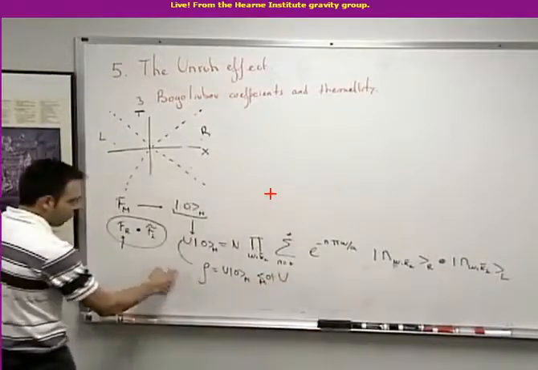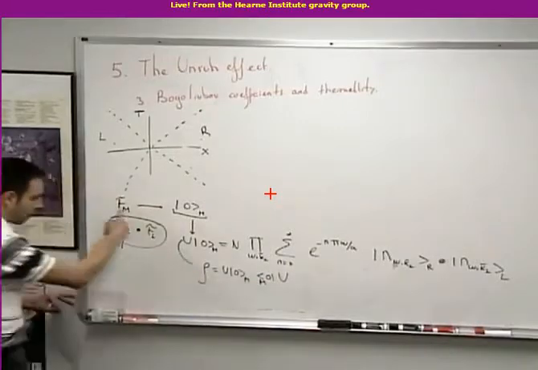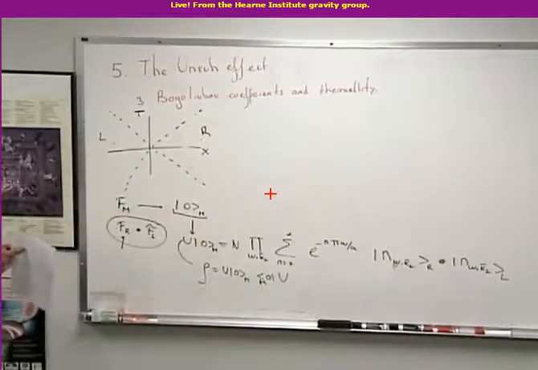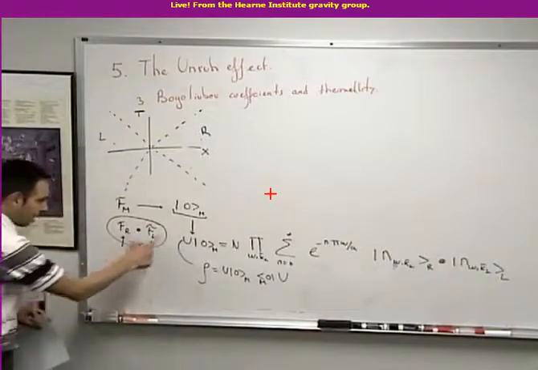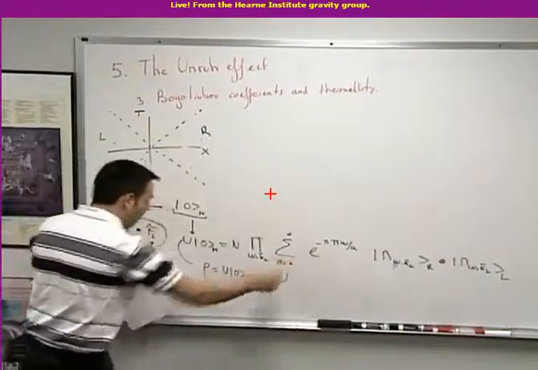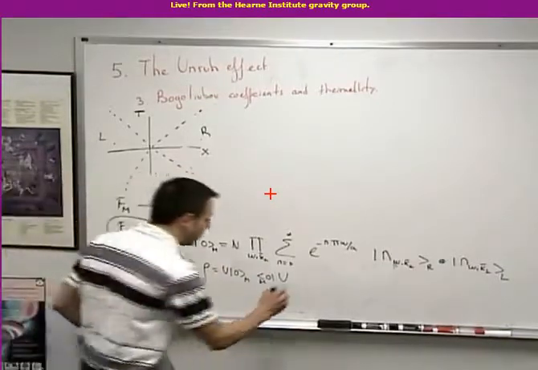So this has the same information as this guy. And now we want to take a partial trace, a trace on the degrees of freedom of this guy. So take a basis from this guy and compute the trace, and whatever is left is a matrix only on that space, and is what we are looking for.